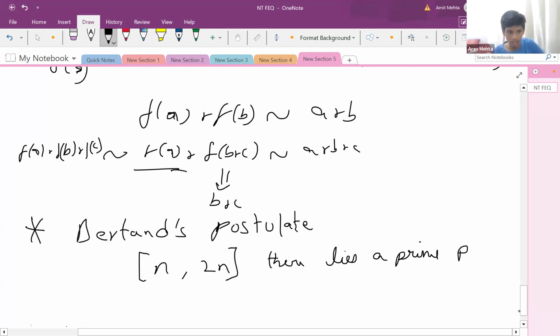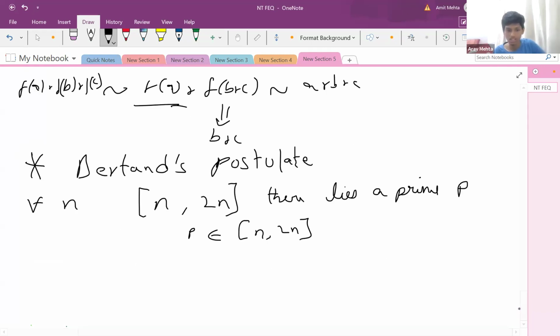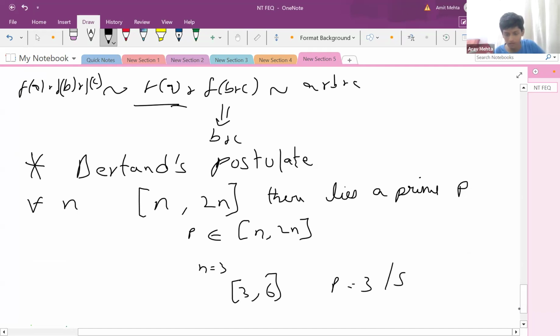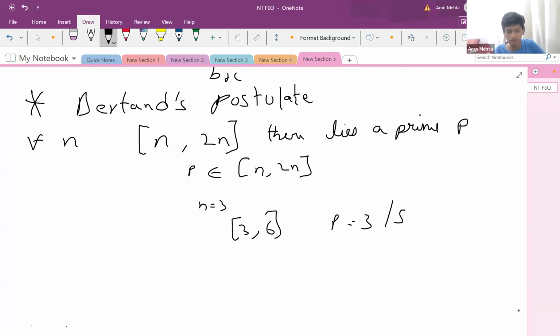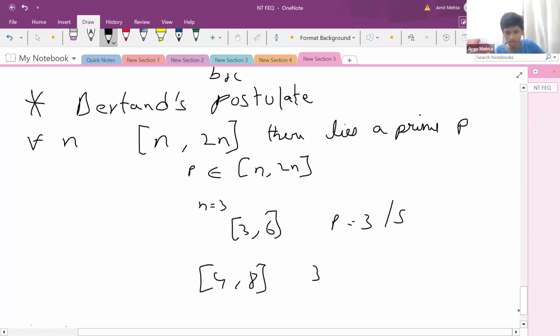So for all n, there is a prime p such that p belongs to [n, 2n]. For example, if n equals 3, then p can be 3 or 5. There are two primes in this range. If n is 4, then in this range there are 5 and 7, two primes again.